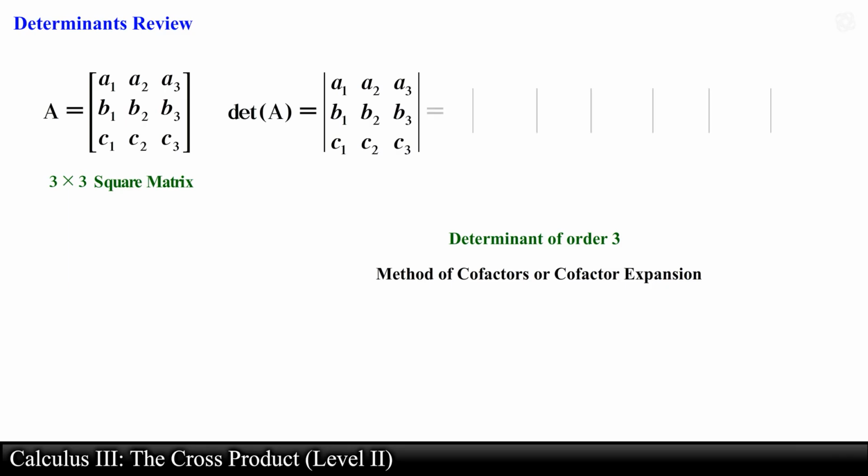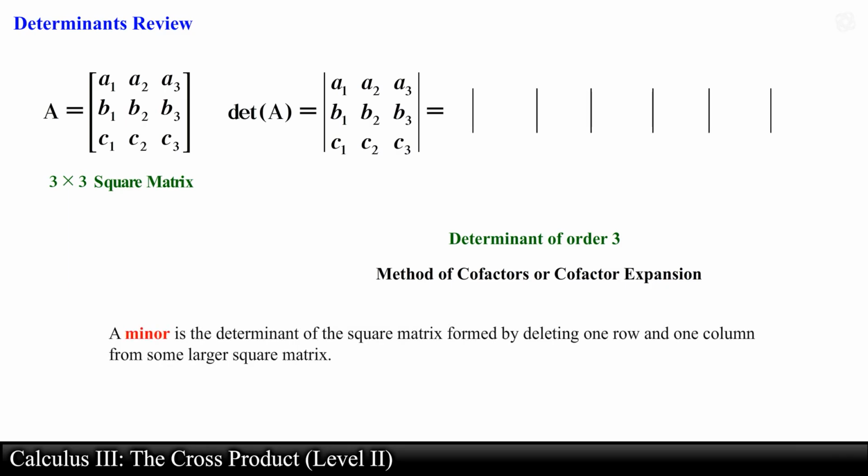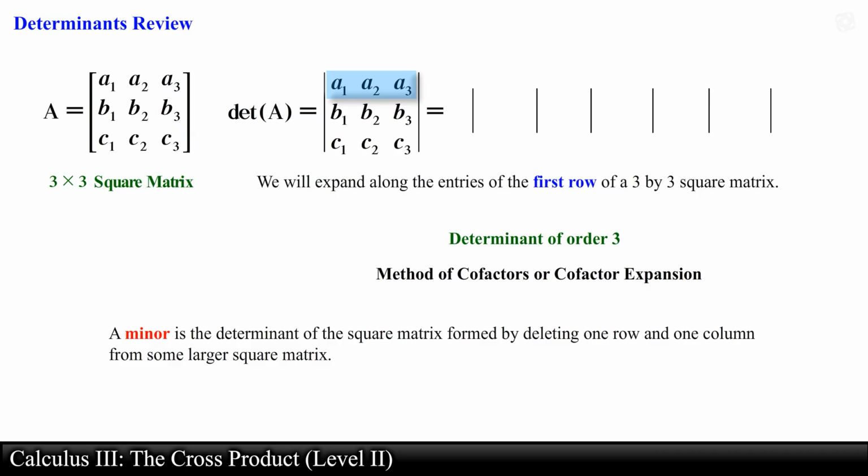We first need to find 3 minors of the 3x3 matrix. Recall that a minor is the determinant of the square matrix formed by deleting one row and one column from some larger square matrix. Since there are lots of rows and columns in the original matrix, you can make lots of minors from it. For our purpose, we will expand along the entries of the first row of a 3x3 square matrix.